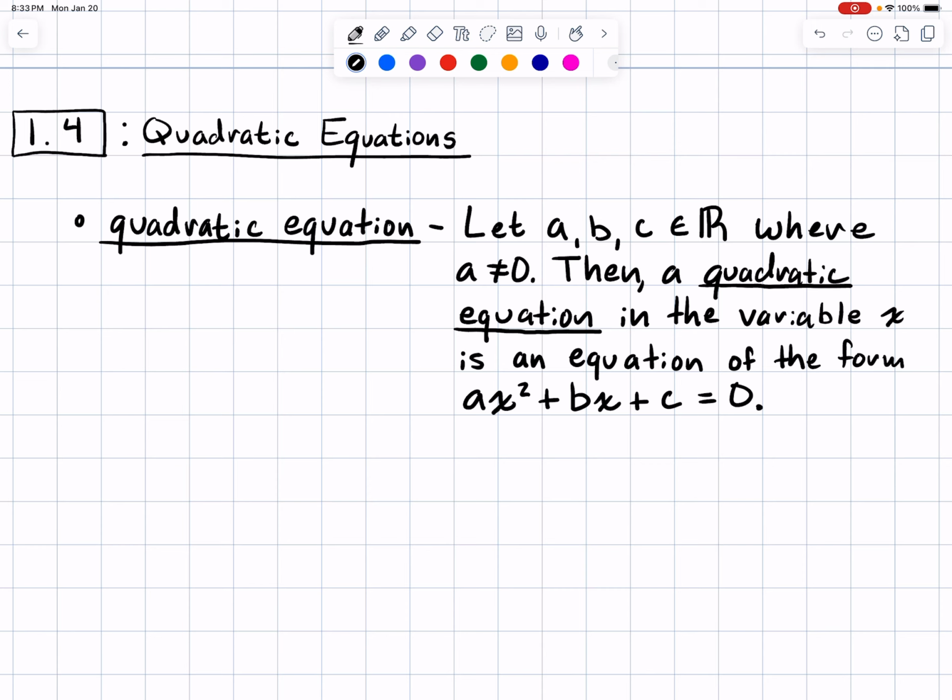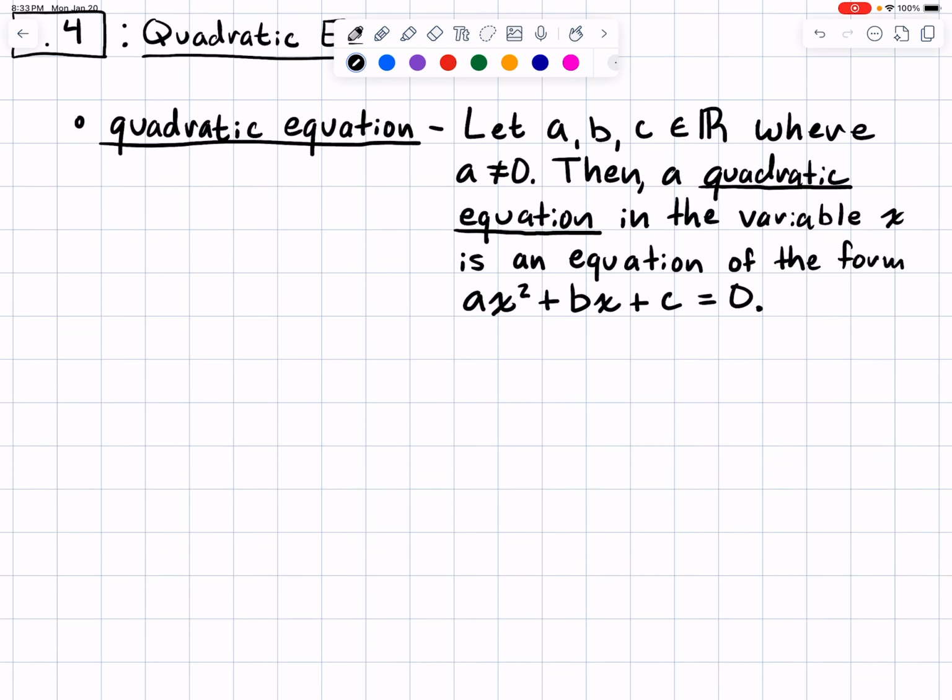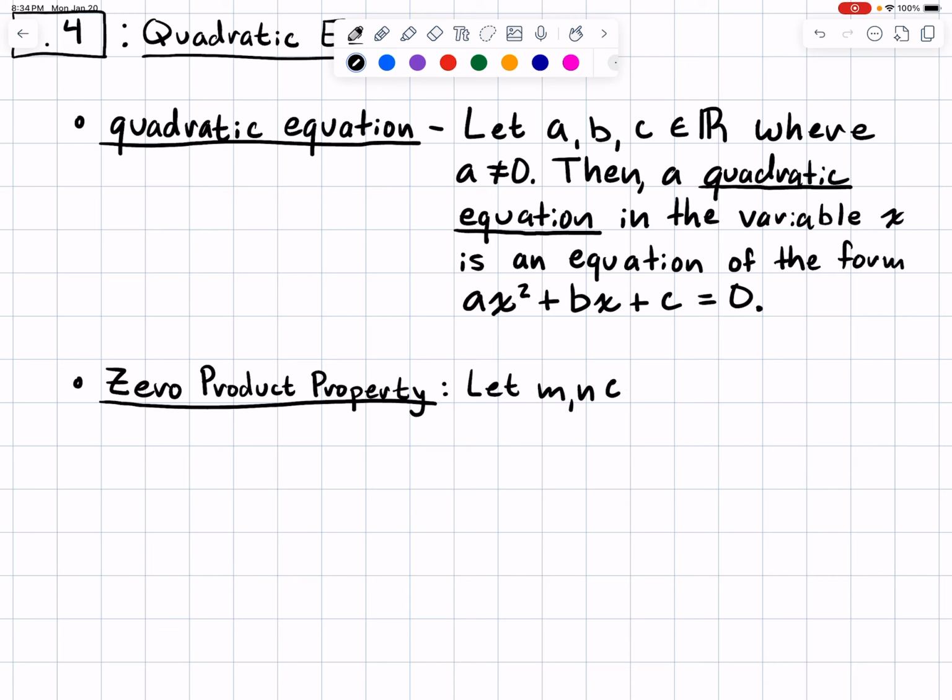Next, we're going to talk about the zero product property. Let m and n be real numbers, meaning they're in the set of real numbers.